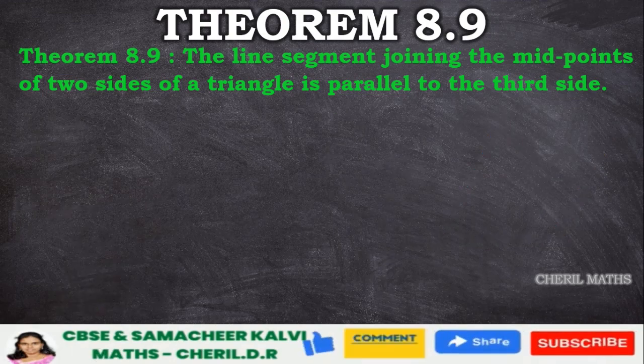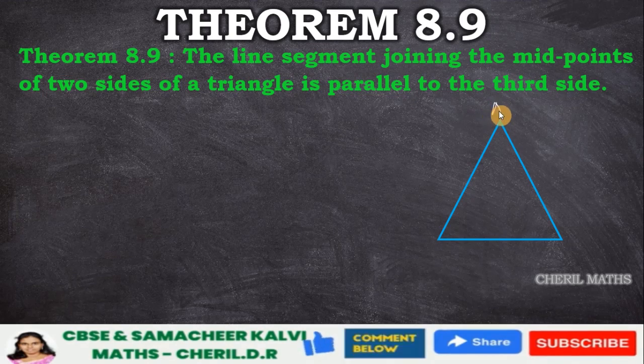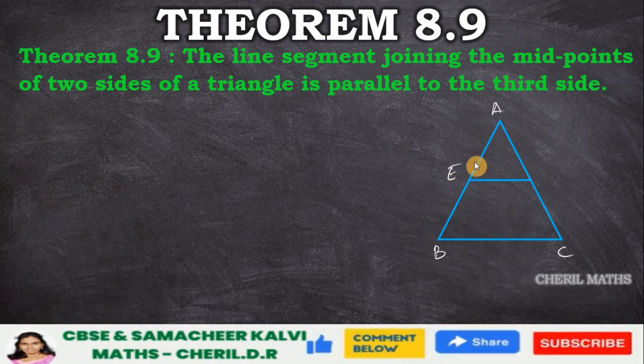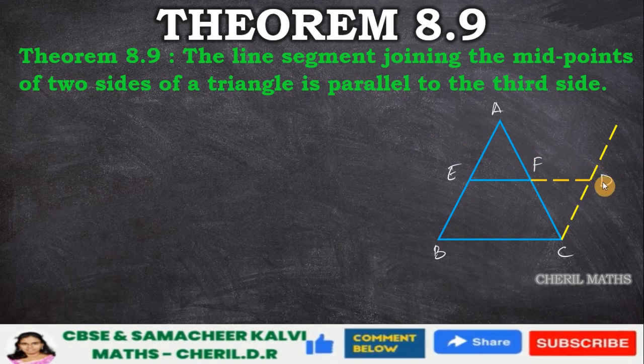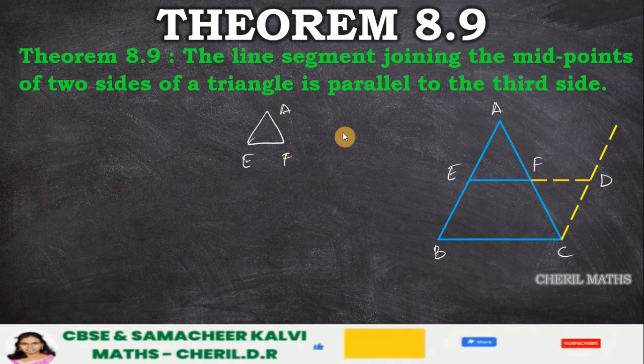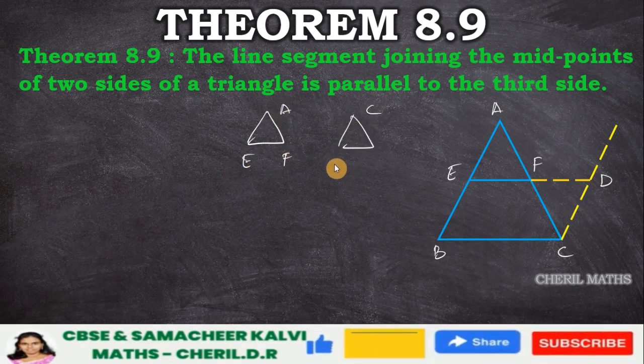Now let's do a quick recap. We are considering a triangle ABC. For this triangle ABC, we have the midpoints of two sides to be E and F. As a part of the construction, we are drawing a line parallel to AE, which will meet EF at D. We are extending it to meet it at D. From this, we are considering the triangle AEF and triangle CDF.